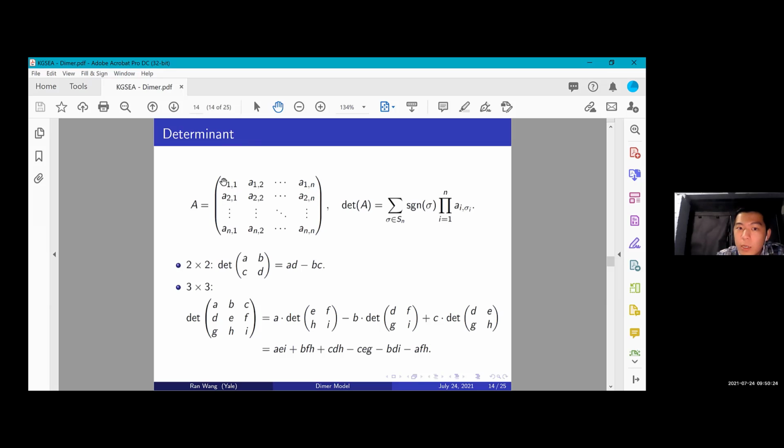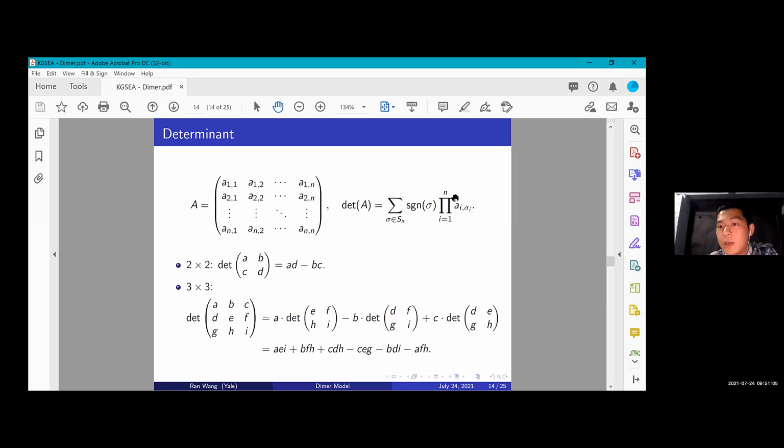All these numbers here, on the upper left corner inside the parentheses, are just real numbers, like 1, 2, or 0.5 or 1.6 and some other numbers. Here we have n rows and n columns of numbers in this matrix. We call it a matrix, and then the determinant of that is defined in this way.